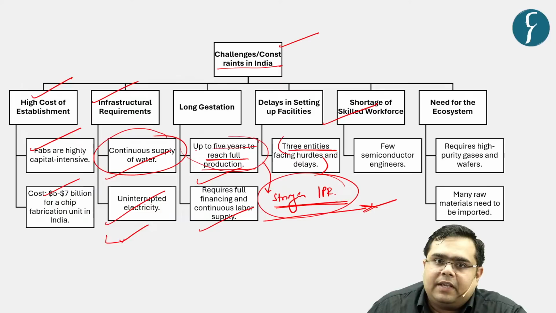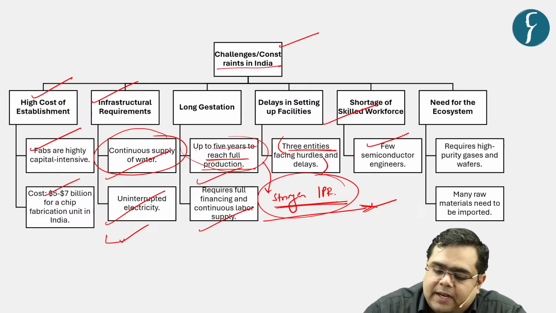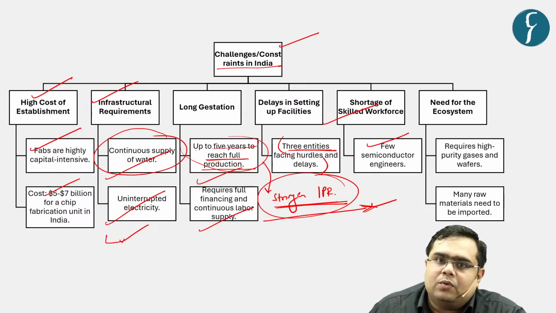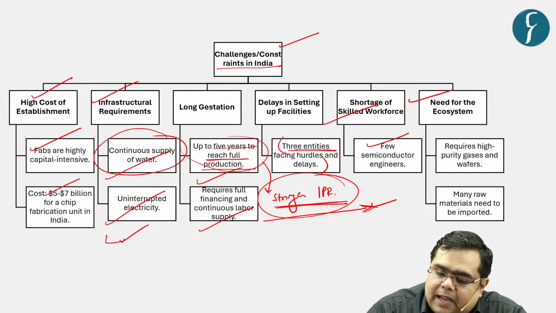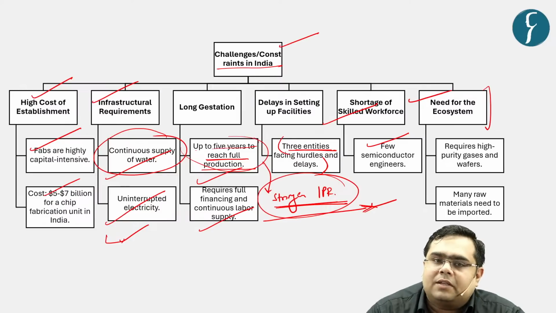Then another aspect is with respect to lack of skilled workforce, because the problem with India is that we have an ample amount of workforce with us, but the challenge herein lies that our workforce is not very well trained. So because of lack of training, there are very few experts in semiconductor engineering in India. And then at the same time, another issue is with respect to an ecosystem based approach.